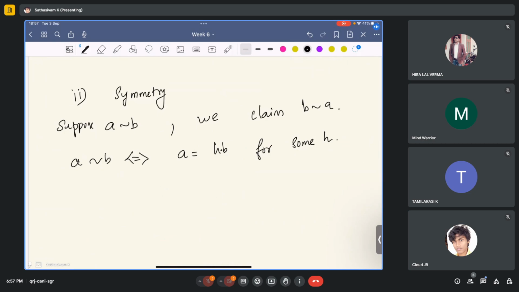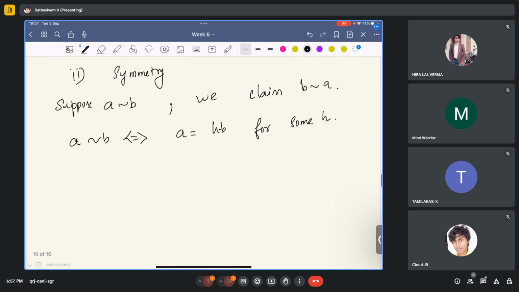From here, how do you say B is related to A? Here you have A equals H times B. You take this, and on both sides you act by H inverse.